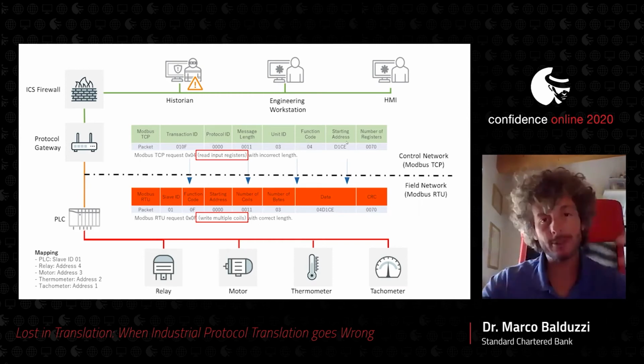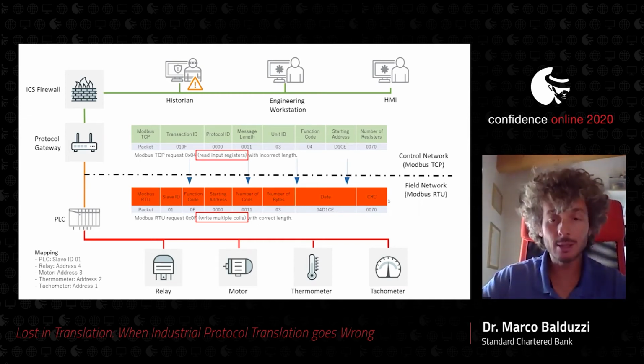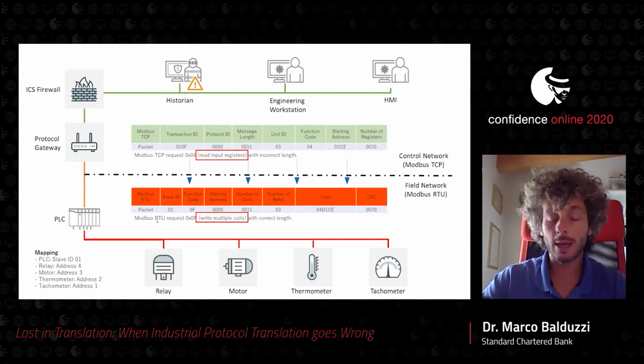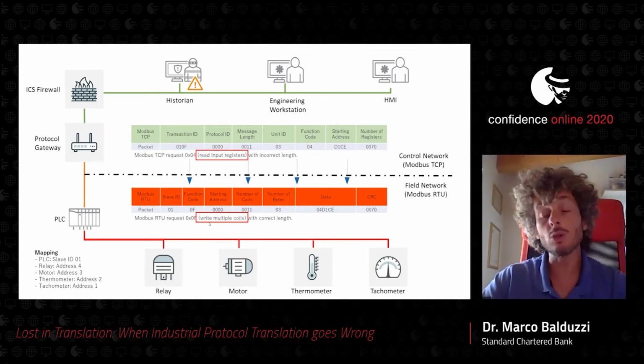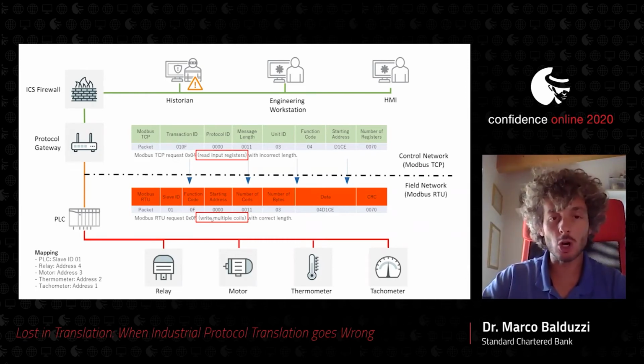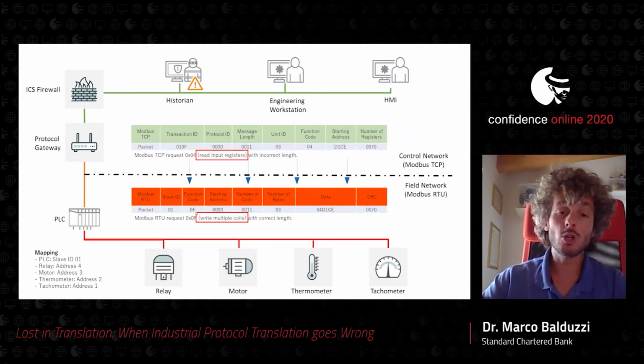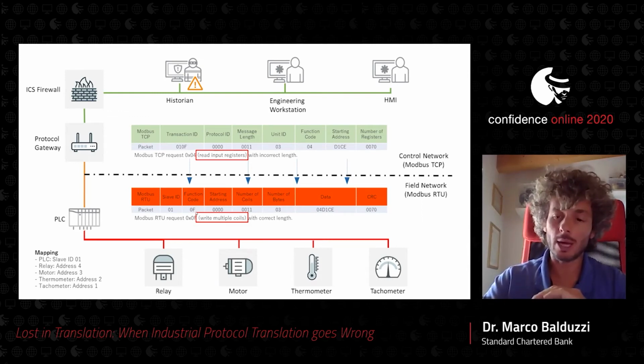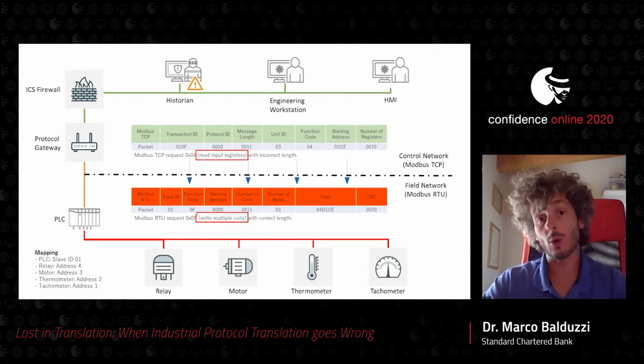But if this packet gets forwarded as it is on the RTU bus, and we read the same packet applying the Modbus RTU semantics, this packet automatically becomes a write multiple coils request. This is because the function code in Modbus RTU is the second byte, which is 0f. So automatically we are able to convert a read request into a write request.